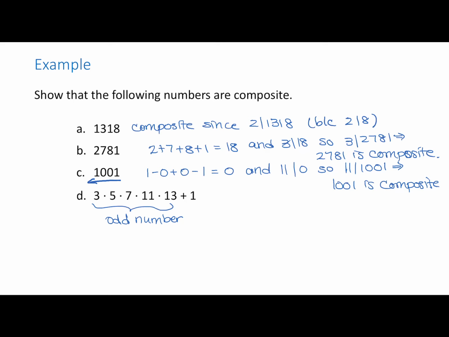That means the total is an even number. And what do we know about even numbers? They're divisible by 2. So 2 divides 3 times 5 times 7 times 11 times 13 plus 1, and I didn't even have to figure out what that number was. Since 2 divides that, the number is composite.